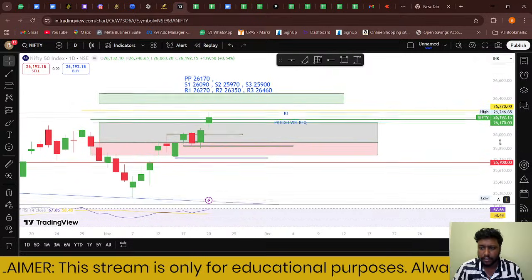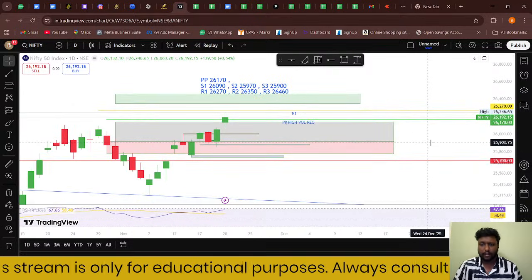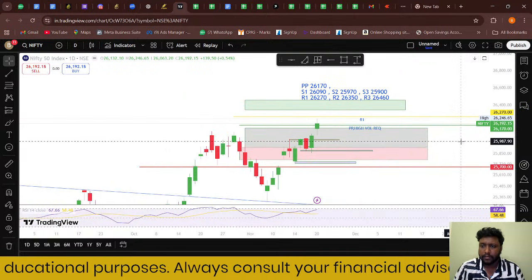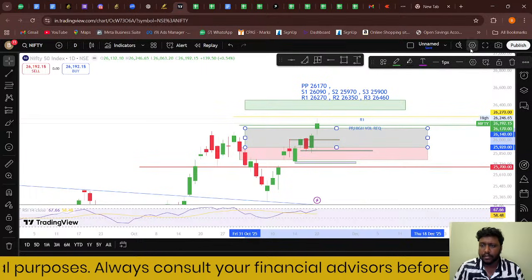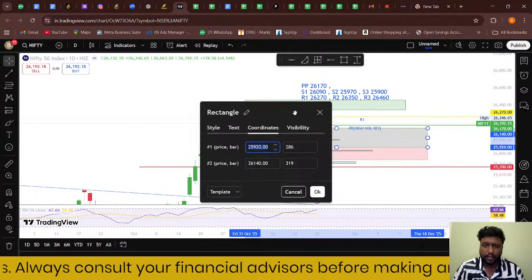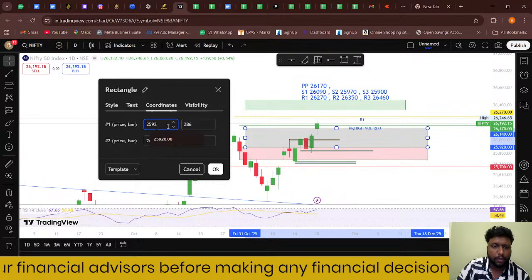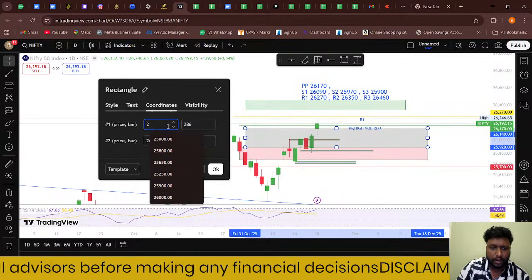Let's see. If it is hitting the all-time high at 26,270, then definitely there would be a special scenario happening. Let's wait for that, and we will plan to trade according to the movement, volume and momentum in the market.